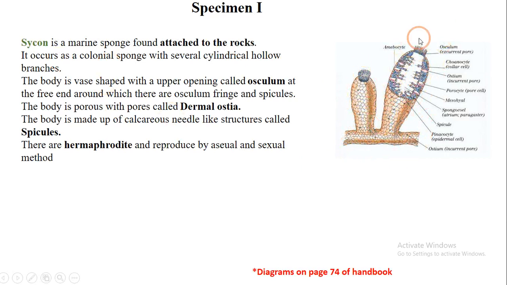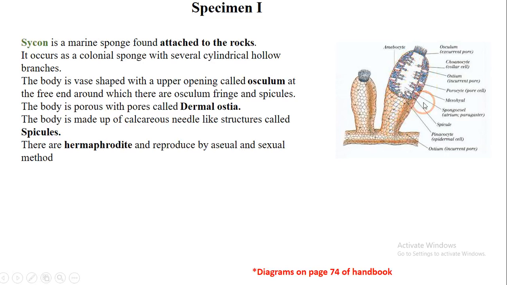The body, as you can see, is vase shaped, and it has this large opening on the top which is called the osculum, and on the whole body it will have some dermal ostia, or pores, which are present on the other parts of the body.